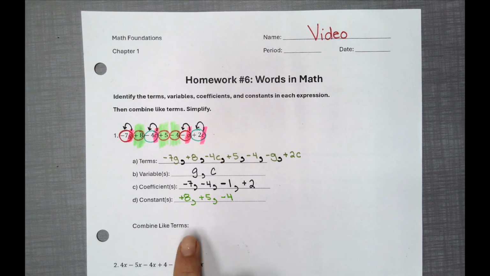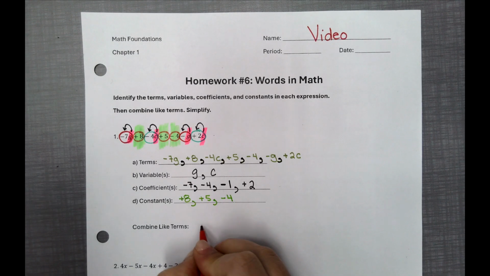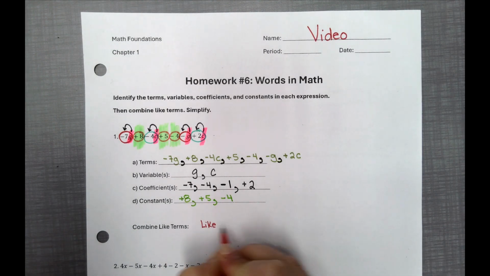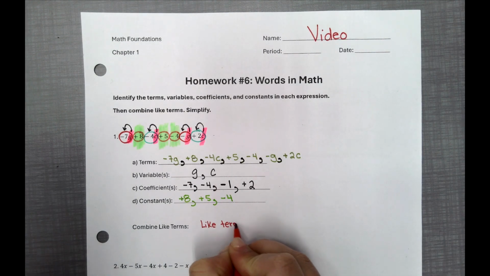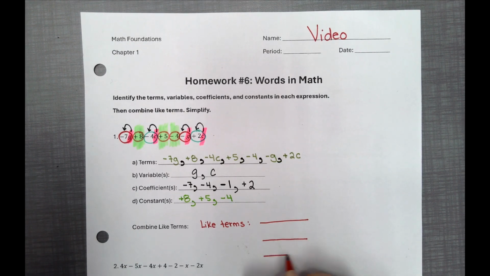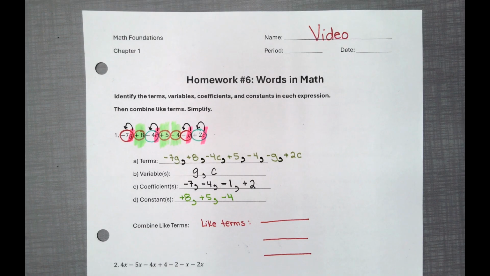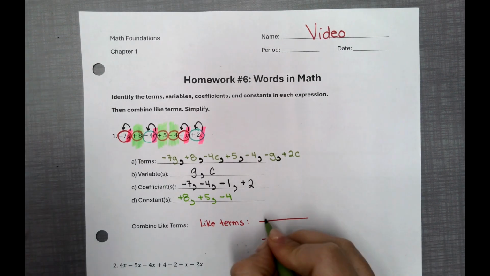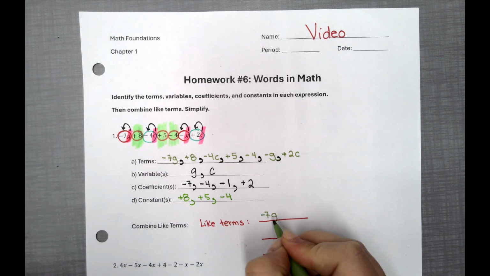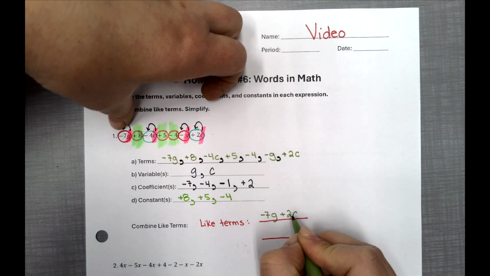Okay. Now for combining like terms, we are going to list out, just like we did in class, our like terms. So I am going to combine the G with the G, the C with the C, and the number with a number. So -7G and 2. Oh, hold on.